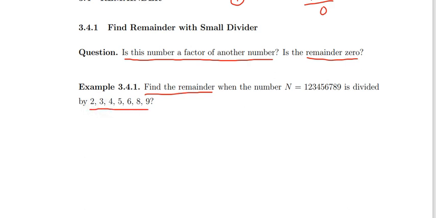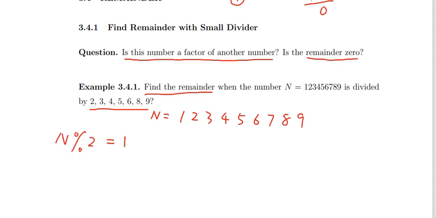We have this big number, divided by, suppose, this number n. So this number divided by 2, we use this notation, the remainder is 1.